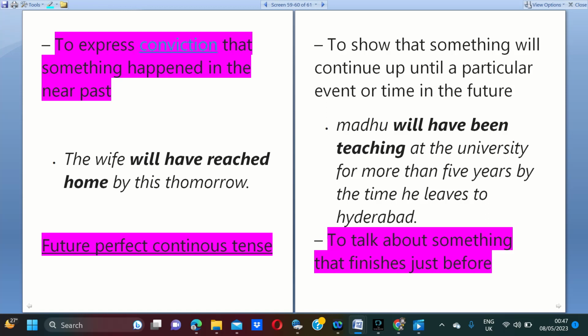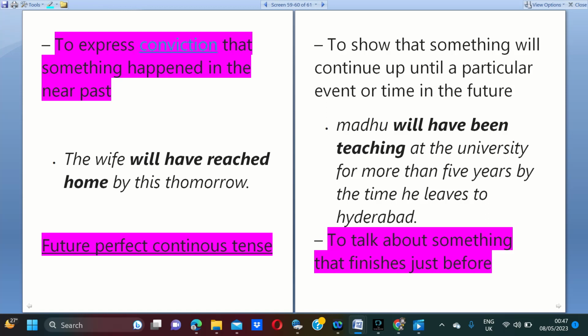Here, to talk about a few actions, they begin before the future and they will continue up to some time in the future. They will have been continued in the future also.